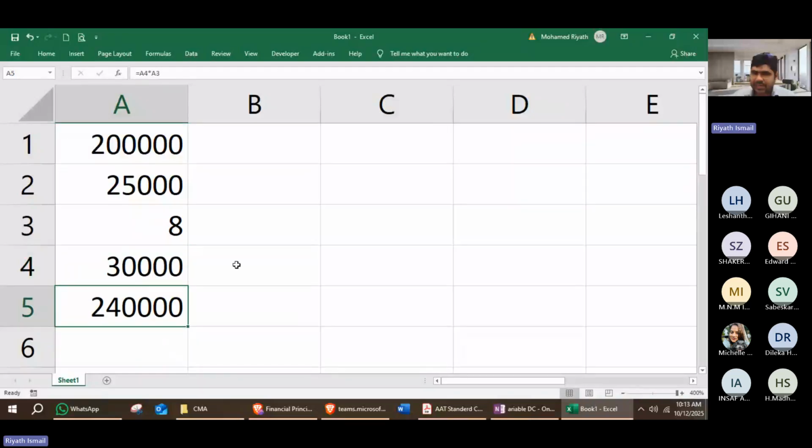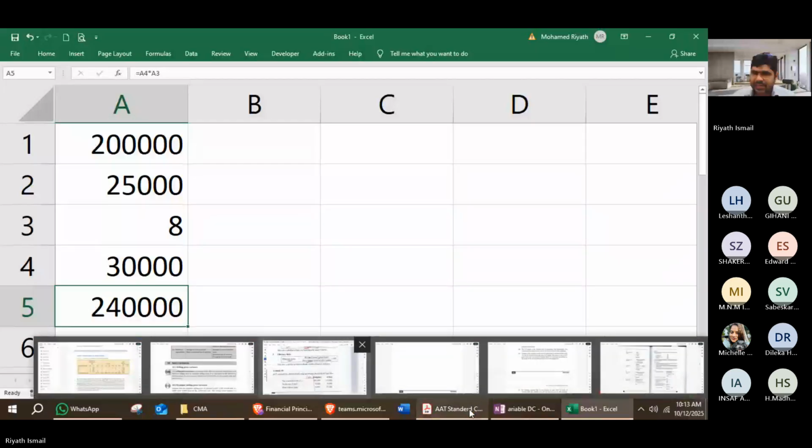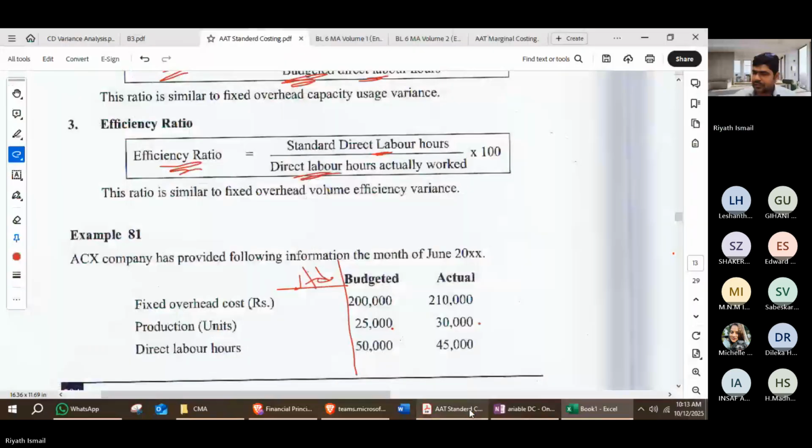Then the standard cost should be 240,000 for the standard number of production of 30,000.